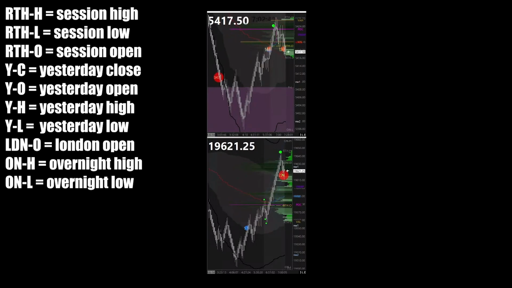Again, these are all just forms of market-generated information, levels that we can use to gauge interest and trend.